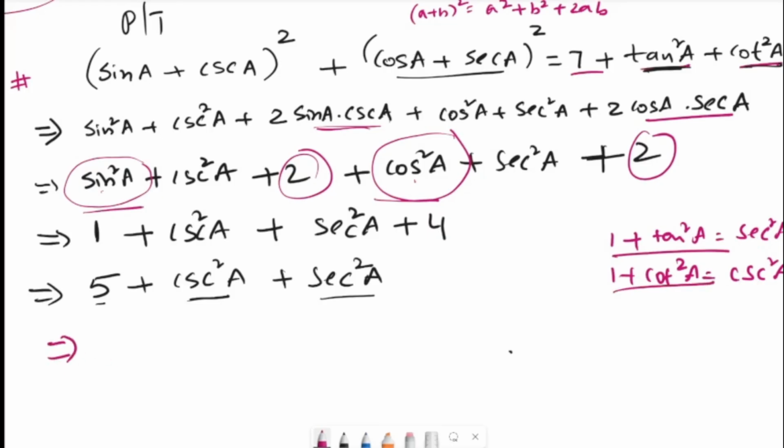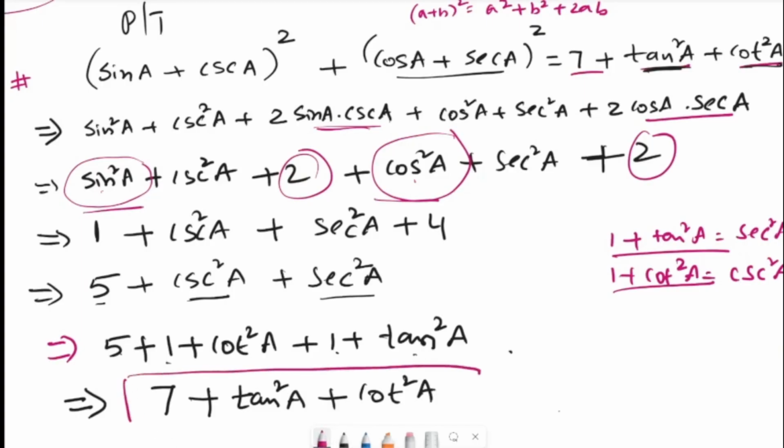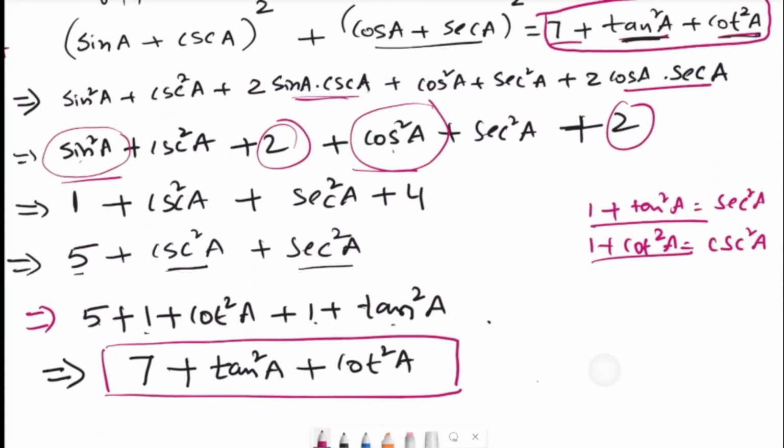Instead of cosecant square A, I will express it as 1 plus cot square A, and secant square A, express it as 1 plus tan square A. Now we do the basic arithmetic. 5 plus 1 plus 1 is 7, plus tan square A plus cot square A. So we arrived at our destination.